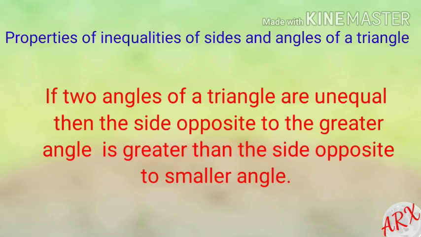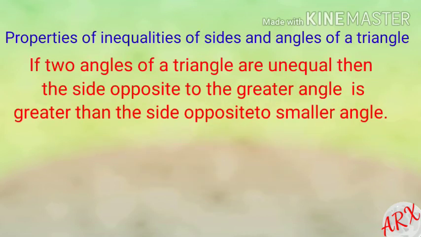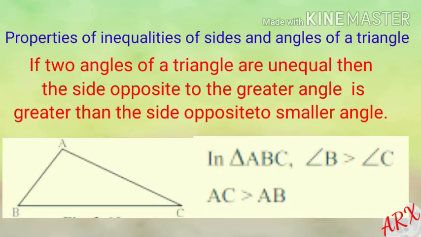Second property. If two angles of a triangle are unequal, then the side opposite to the greater angle is greater than the side opposite to the smaller angle. For example, in triangle ABC, angle B is greater than angle C and side AC is opposite to angle B. Therefore, AC is greater than AB.